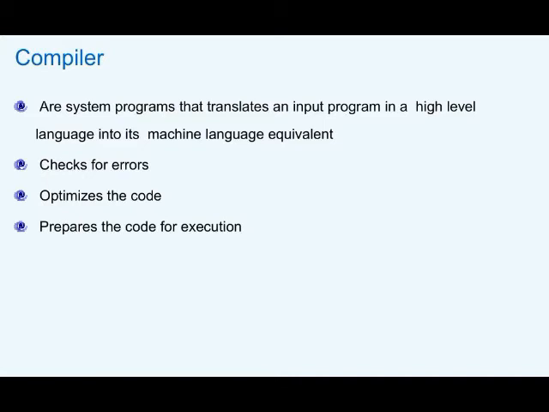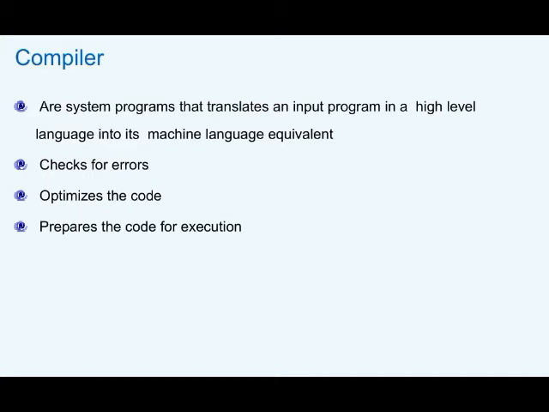With this information about the compiler, what the source program is and what the target program is, let's see some more details about the compiler. It is again a translator, which converts the high level language program into machine language. It also does various things like checking errors, optimizing the code, and preparing the code for execution.